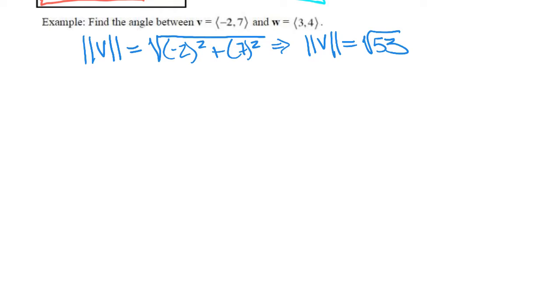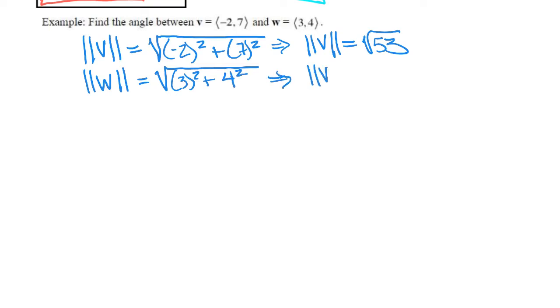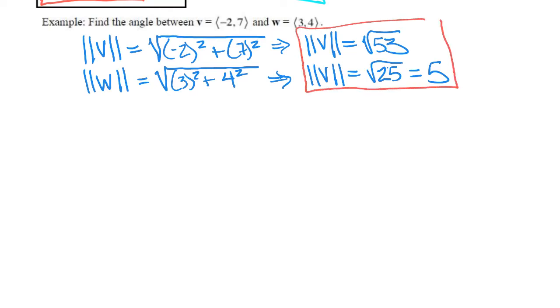Let's find the magnitude of W. Same idea. So it's going to be 3 squared plus 4 squared: 3 squared is 9, 4 squared is 16, 9 plus 16 is the square root of 25. Square root of 25 is 5. Okay, so we will use this information to help us find that angle between.